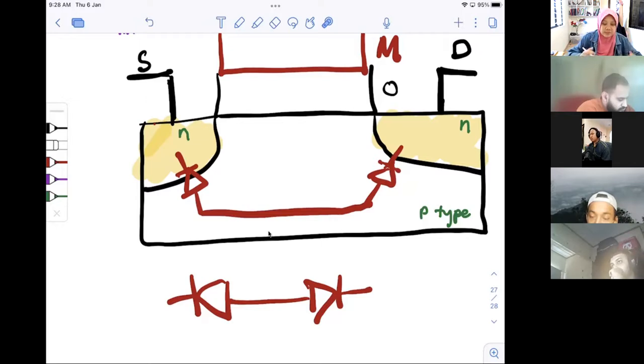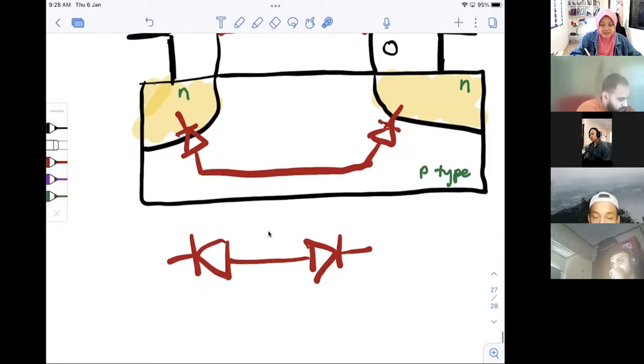What I'm teaching here is the ideal MOSFET. Ideally this is a back-to-back diode, impossible for current to flow. However, a diode is also not ideal. We will talk about the diode. A diode has a reverse bias.